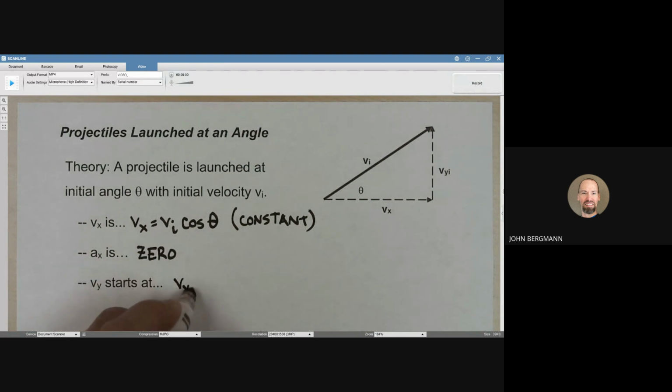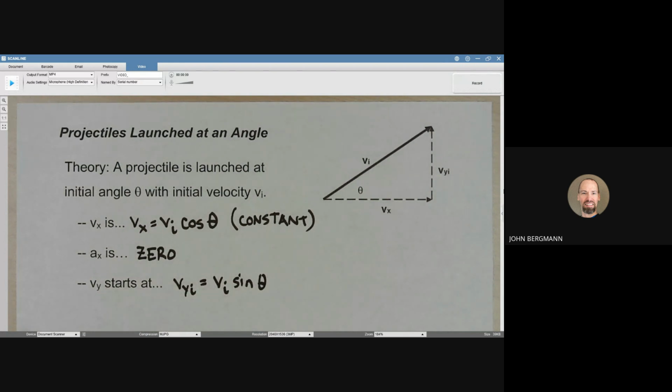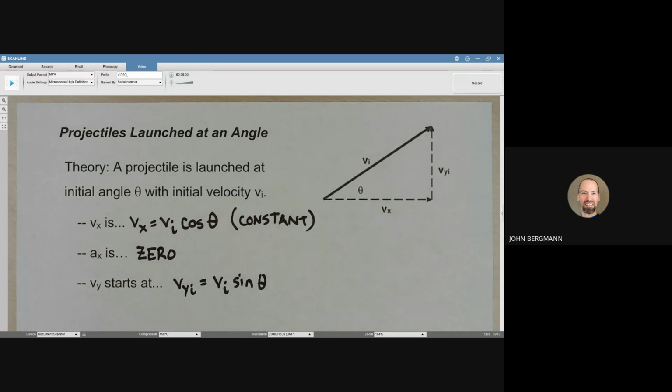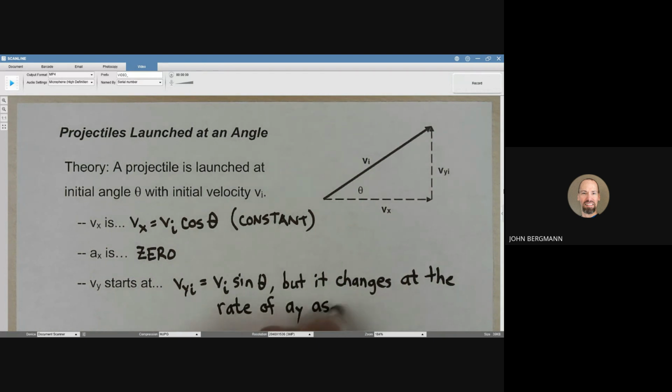Vy starts at, again, if you look at my triangle near the top of the screen, we use the sine whenever we're trying to find legs of triangles that are opposite our angles. So it starts out as this, but it changes at the rate of ay as time passes. So that Vy initial is only good for an instant. The Vx is good for the entire time that the thing is in the air.